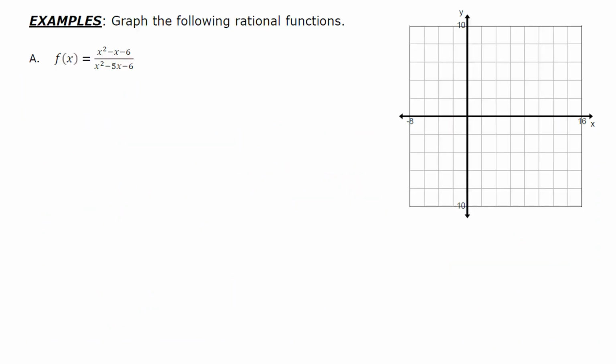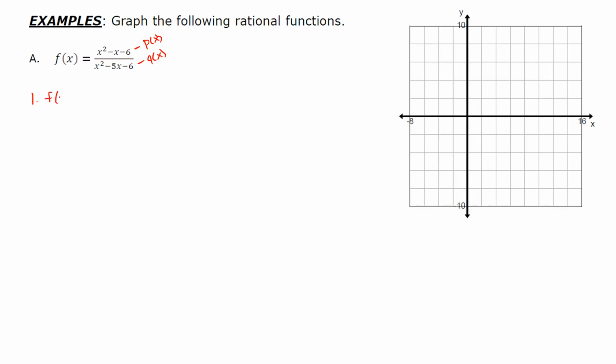All right, so now let's graph this function. We're going to go through the steps. First off, we know that the numerator is our p of x and the denominator is our q of x. The first thing is we need to test for symmetry.